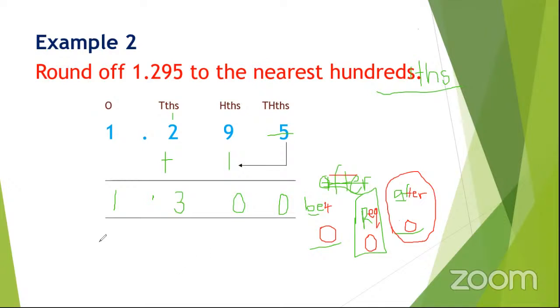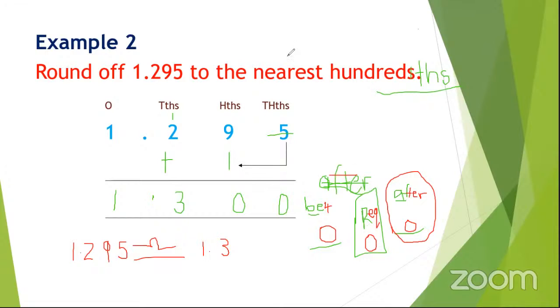So when you're writing this final answer here, it will be 1.95 is approximately equal to 1 point. Do we need to put that 0 because it's under the required place value? Do we write it?